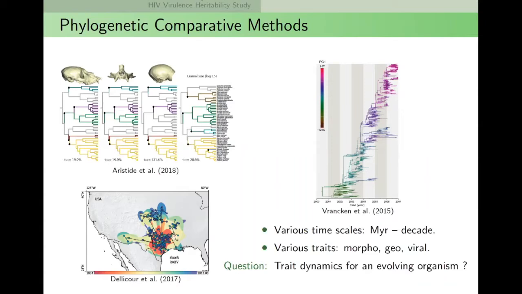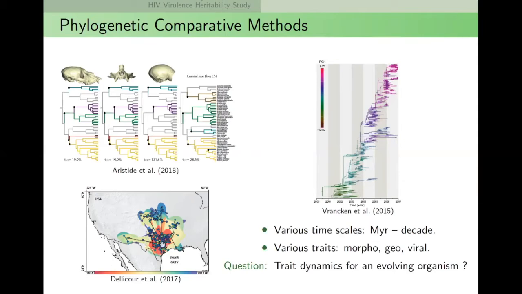It's not really visible, but the idea is that all the dots are viruses that you managed to catch and sequence, and they are linked by some kind of tree. The tree is not very visible because it's on a map. Here, what you would actually measure is the position of the sequence that you managed to catch, so latitude and longitude. That would be the measurement at the tip of the tree.